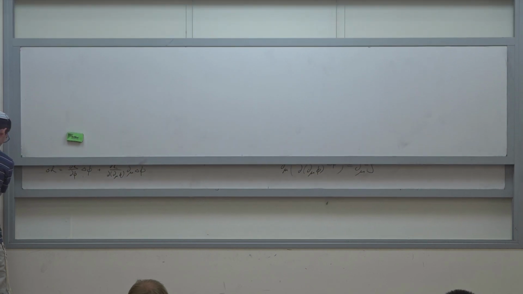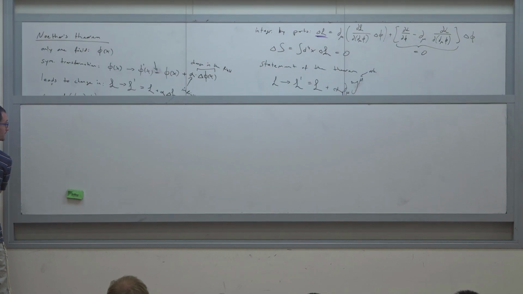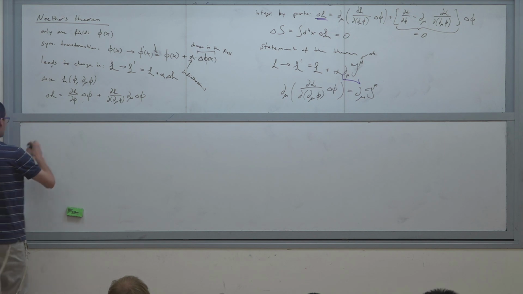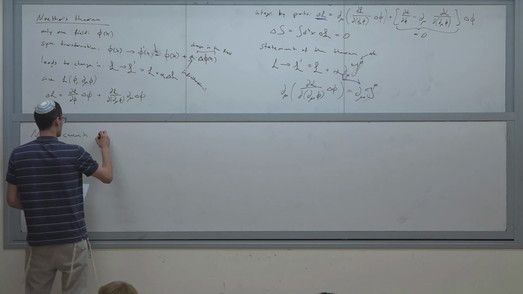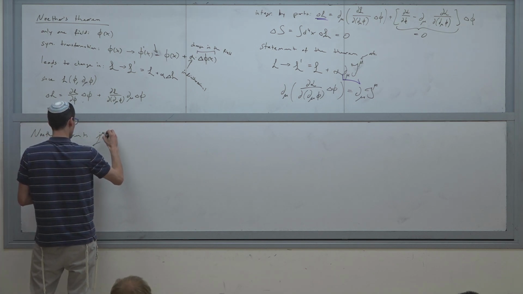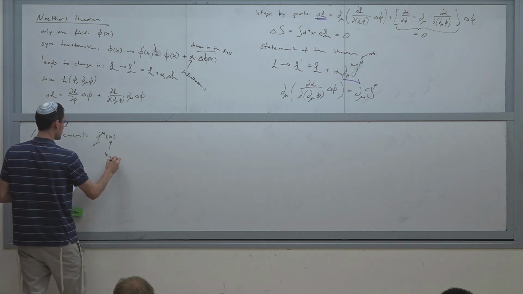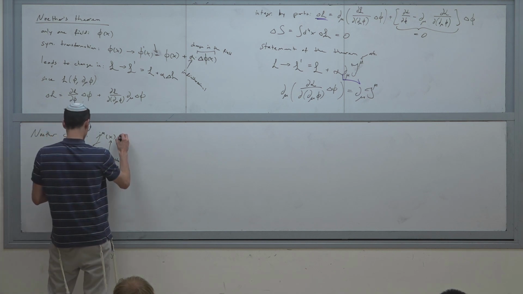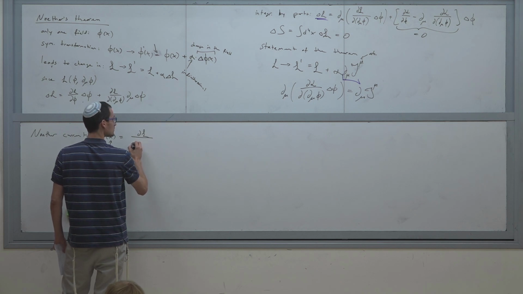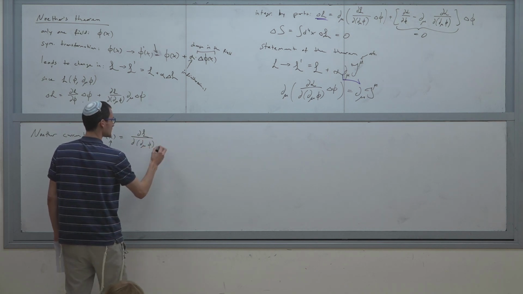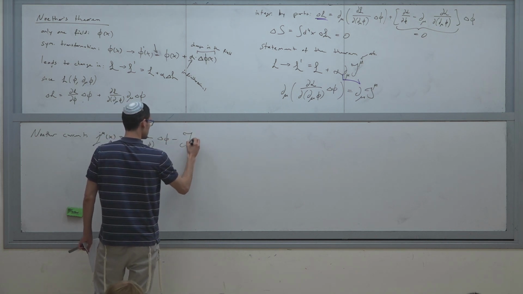I'm now going to define what's called the Noether current. J mu of x, if you want, where x is a 4 vector, is equal to dou L over dou d mu phi times delta phi minus J mu.